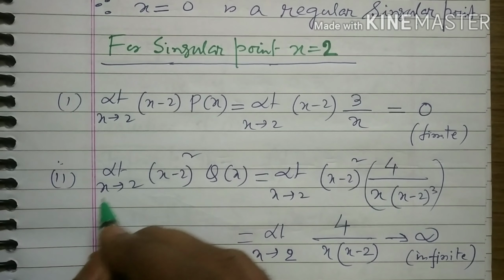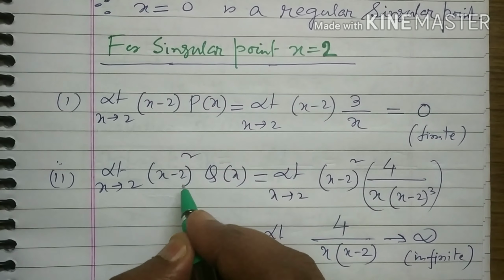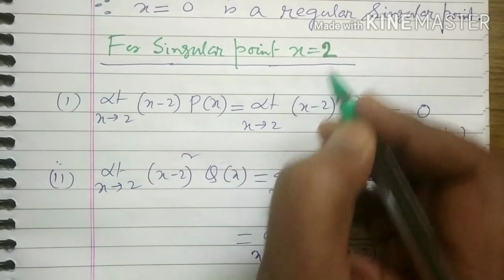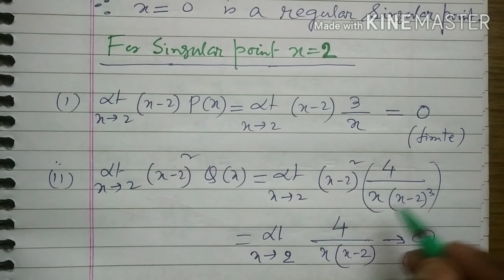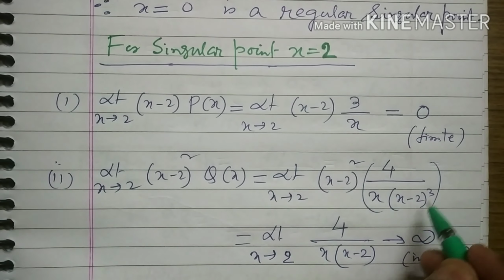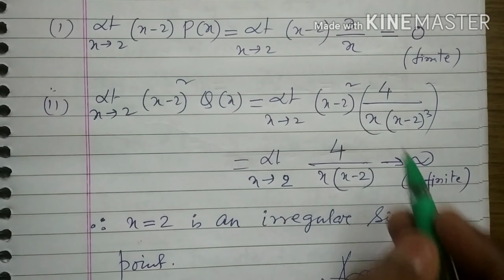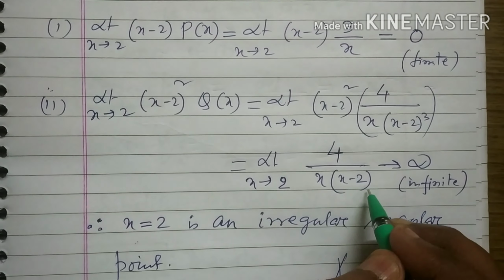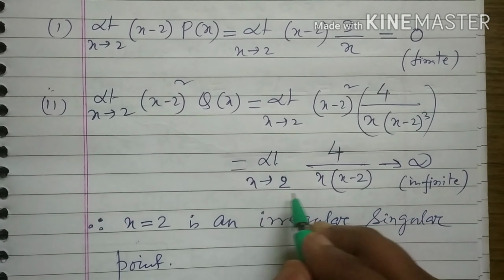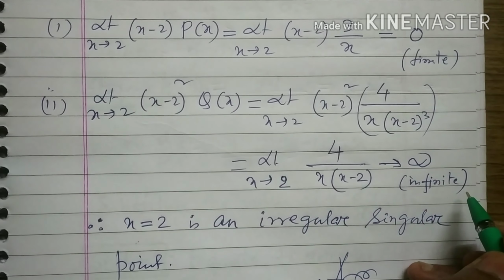Another limit is limit x tends to 2, same way, this 2 is coming from here, and (x minus 2) whole square, this 2 also coming from here, times qx. What is qx? 4 by x into (x minus 2) whole to the power cube. The power cancels. After cancellation, what is left? 4 by x into (x minus 2). If I put x equals 2 in this expression, it becomes undefined, that is infinity.